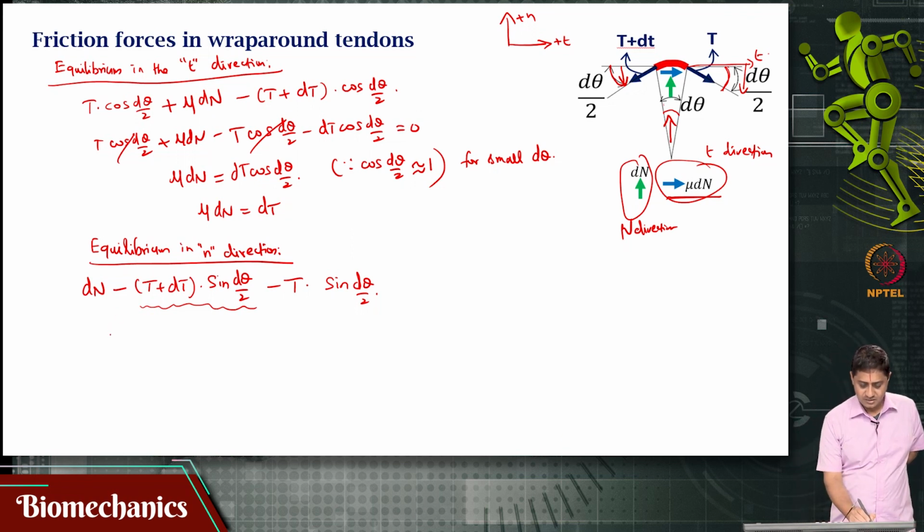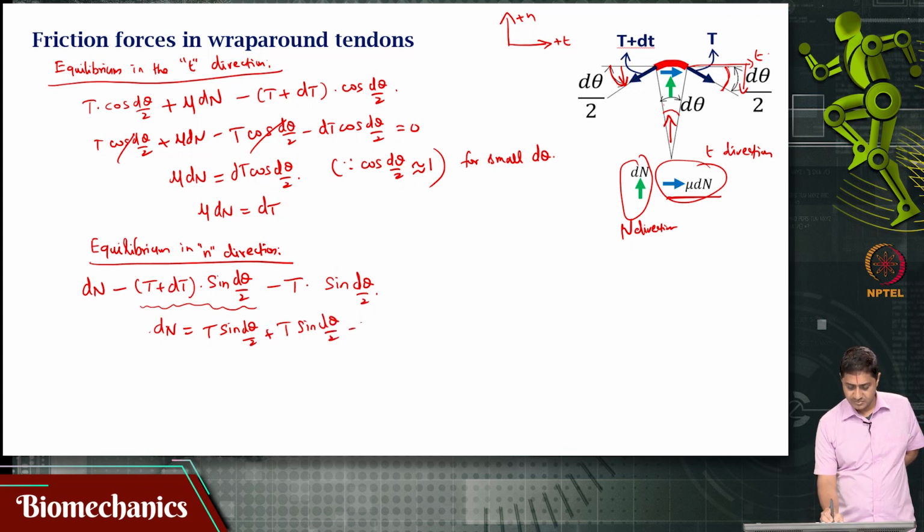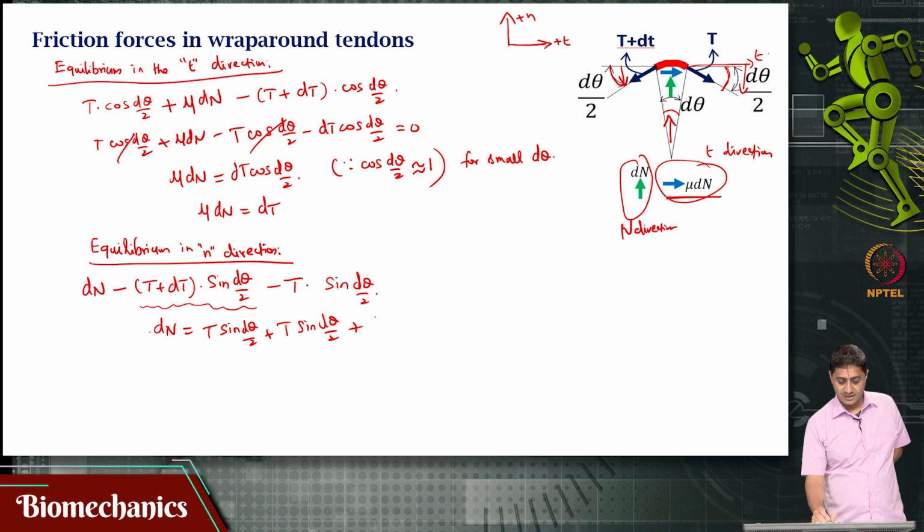Taking the t and dt sin d theta by 2 terms to the right side, I am having dn is equal to t sin d theta by 2 plus t sin d theta by 2 plus dt sin d theta by 2.